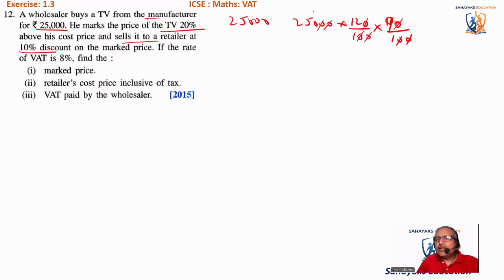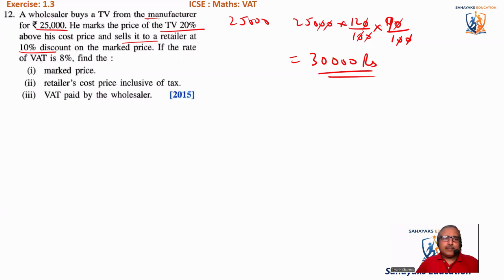So basically 25 into 12. So this value comes out to be 30,000 rupees. So he sold it to the retailer at a price of 30,000 rupees. So he marks the price 20% higher and then gives a discount of 10%.